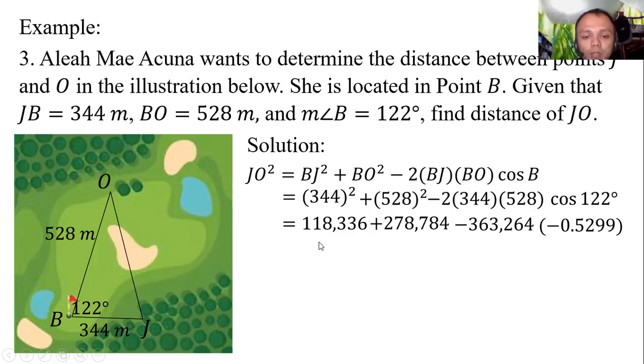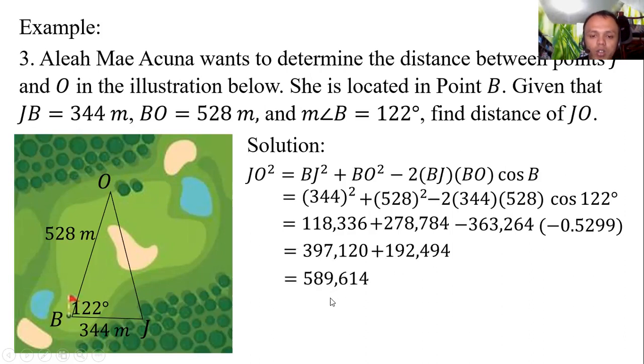Now, here, balik tayo. 118,336 plus 278,784 is equal to 397,120 minus 363,264 times 0.5299, that would be equal to positive 192,494.